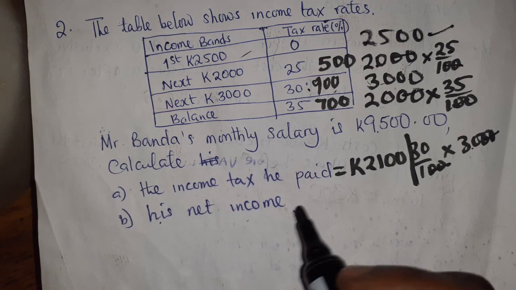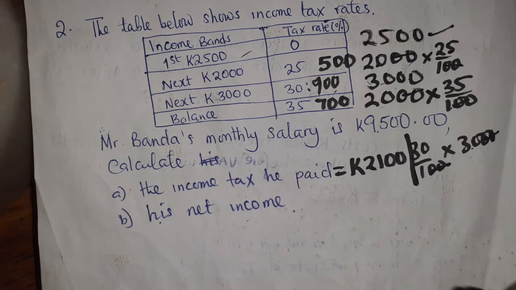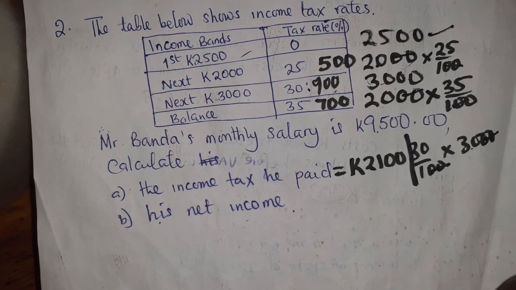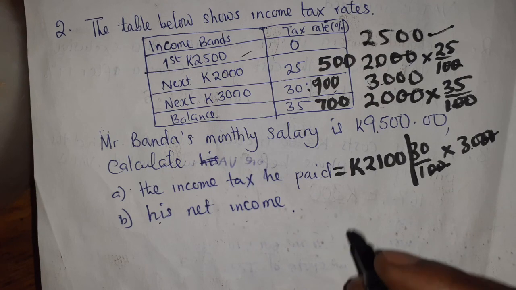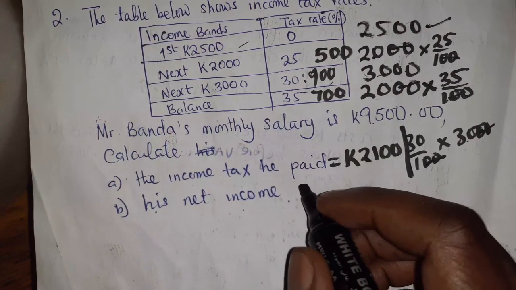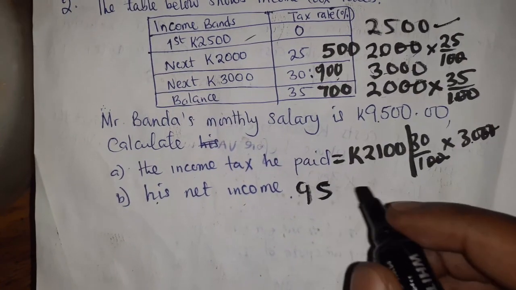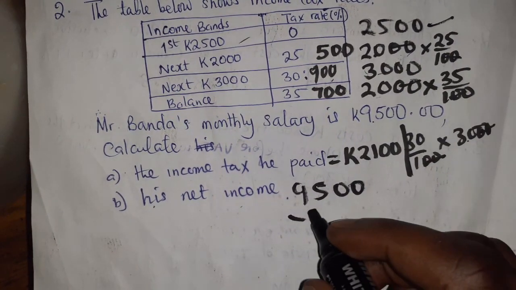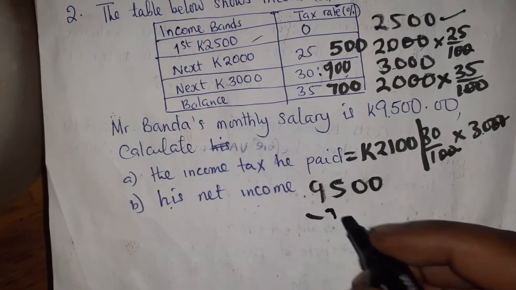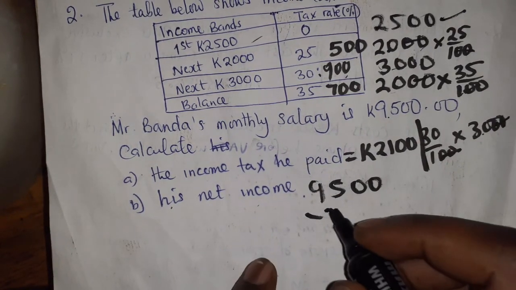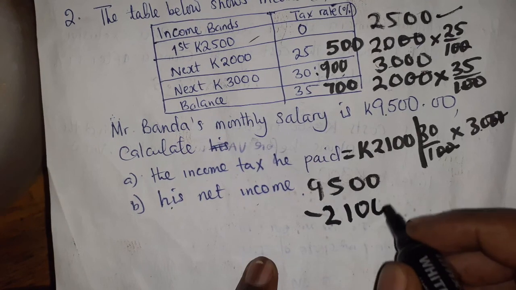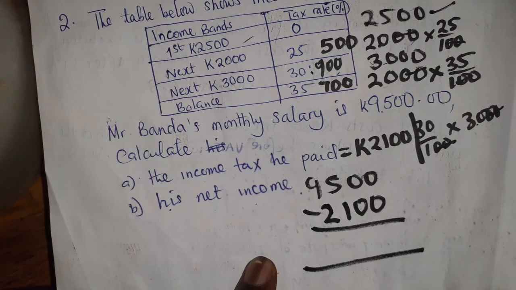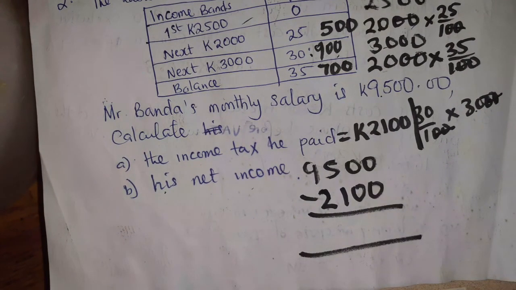Then, calculate his net income. His net income is like take home. How much is he going to get now? Okay? So now it will be 9,500 because that is his salary. Then minus 2,100.